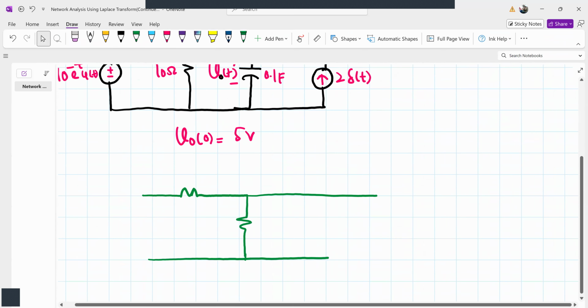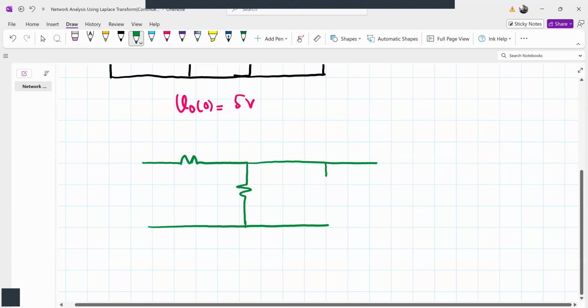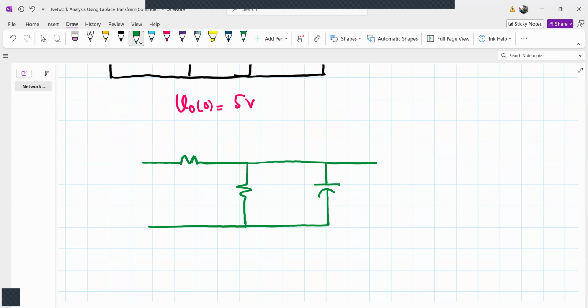So we'll replace it by 1 by sC and a current source. Then we have a current source that is 2 delta t, that is here. And we have a voltage source that's connected here.